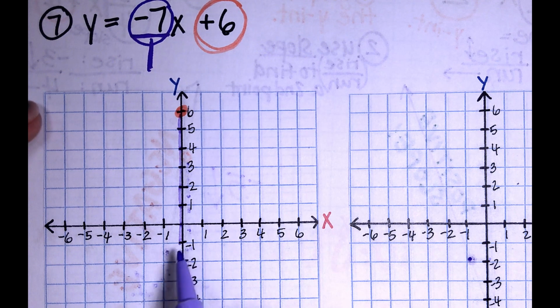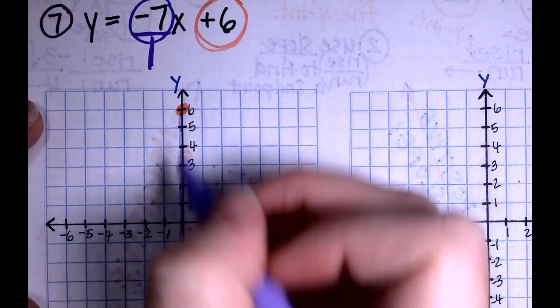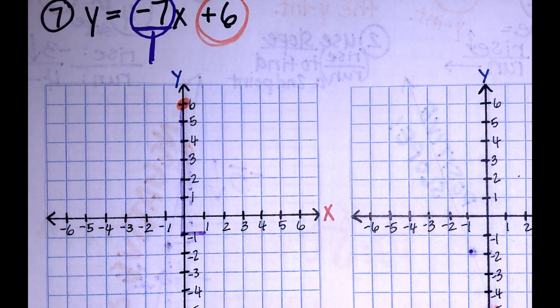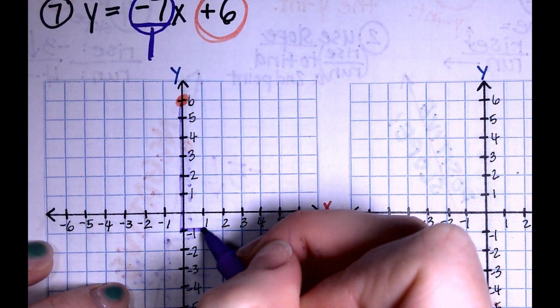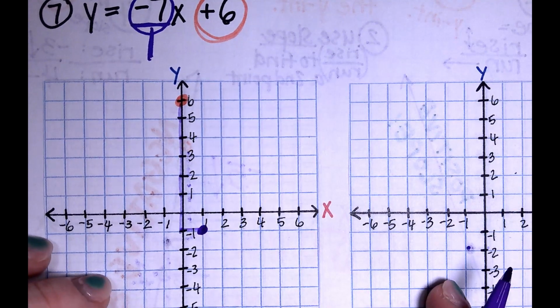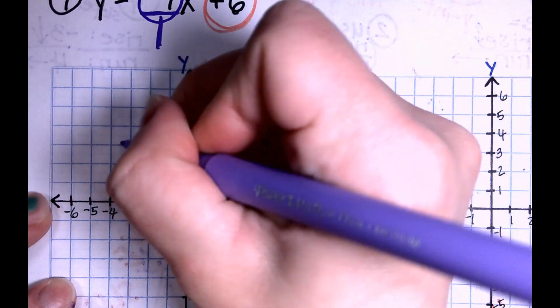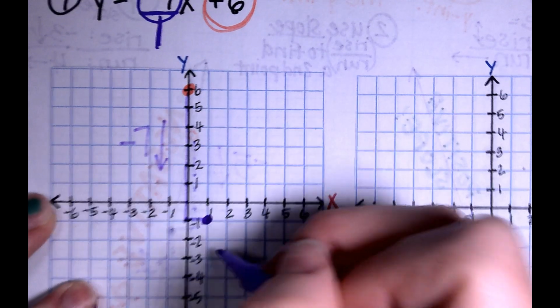We'll end up at negative 1 on the y-axis, and I go over 1. So my second point is right here. Okay, we went down 7, and we went over 1.